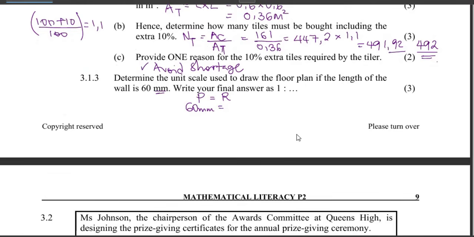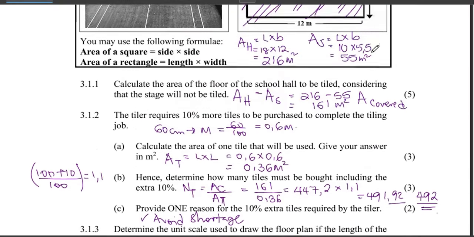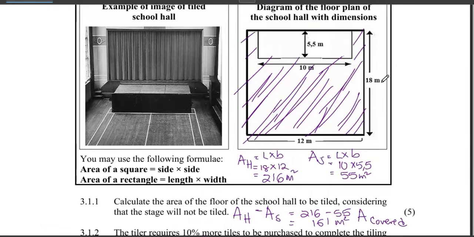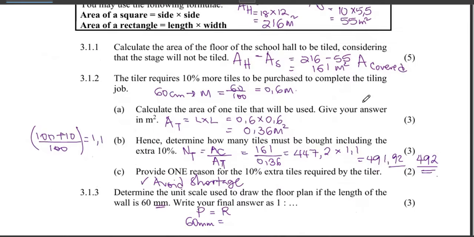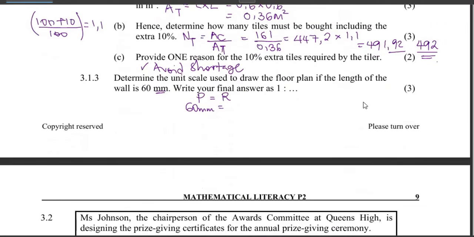Why? Because it's millimeters. Because they are saying determine the unit scale used to draw the floor plan if the length of the wall is 60 millimeters. So we come back here, in real life. This one is in real life. Why? These are meters, and indeed it's fine. So the length is 18 meters. So it's 60 on paper and 18 meters in real life.